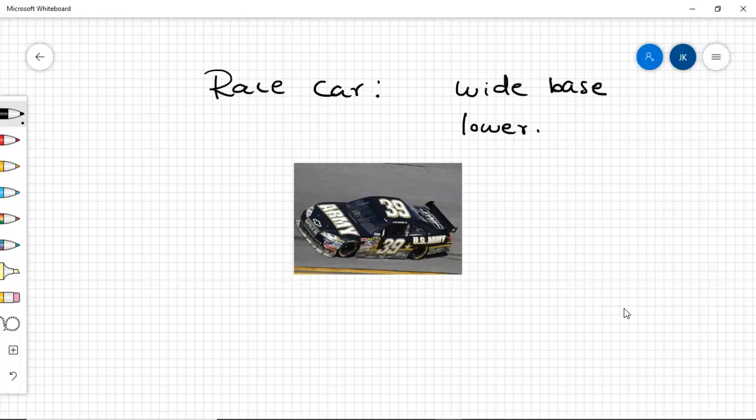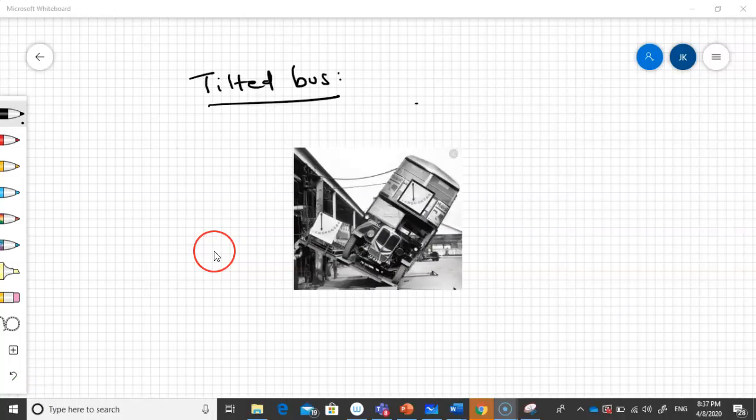So the stability is affected by the base area and the center of gravity. Both factors are considered here. So the race car can go at a maximum speed because the base area is wider and it has less height, so the center of gravity is closer to the base.